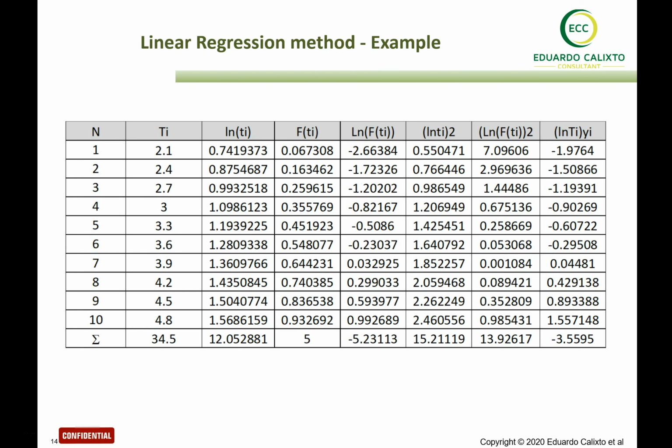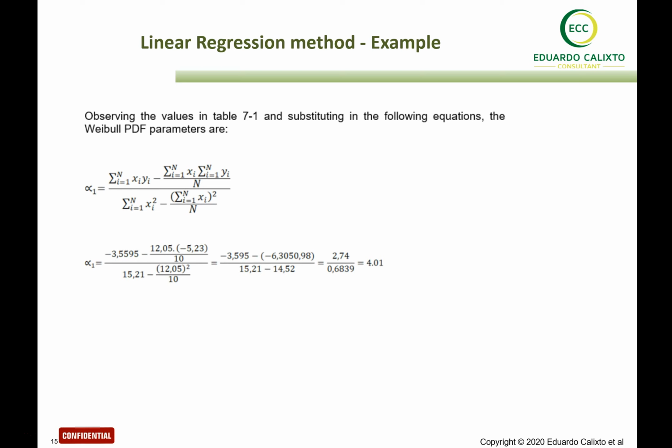So let's take a look at an example of a linear regression method. Consider that we have different times of failure of some equipment. Based on these times, we want to use a linear regression method to calculate the reliability function.